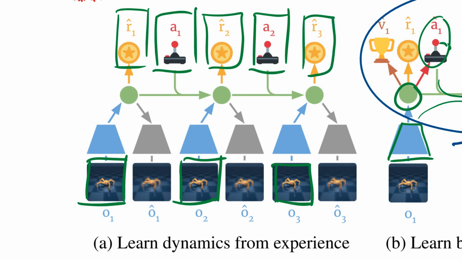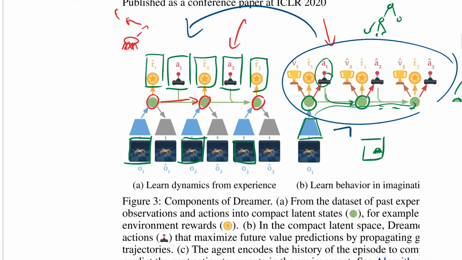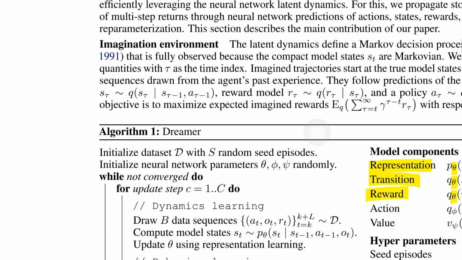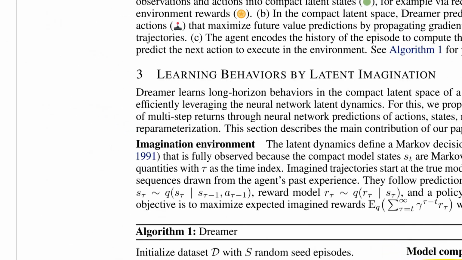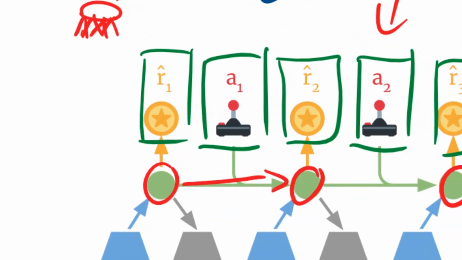So these things are given, provided to you. And now what do you want to learn? You want to learn a representation and a transition and, let's say, a reward. So you also want to predict the next reward.